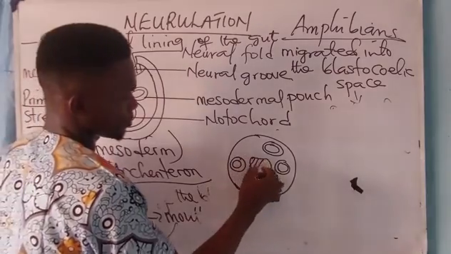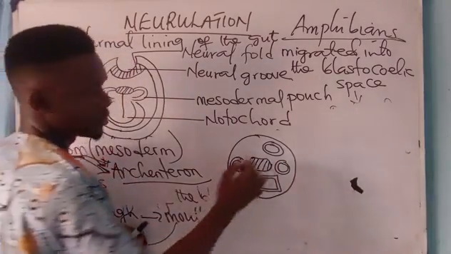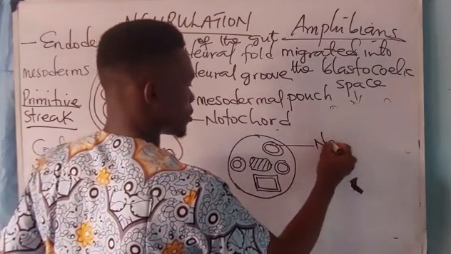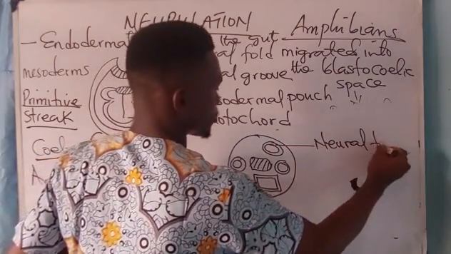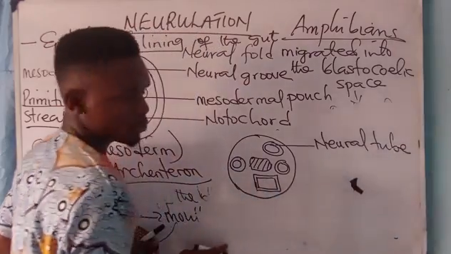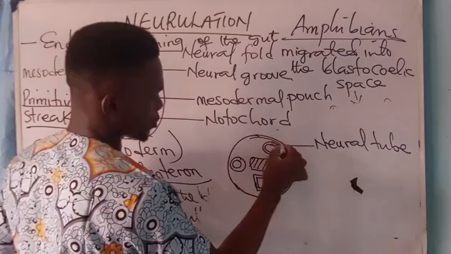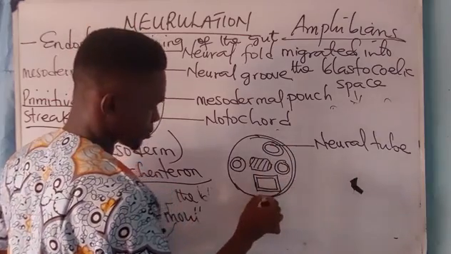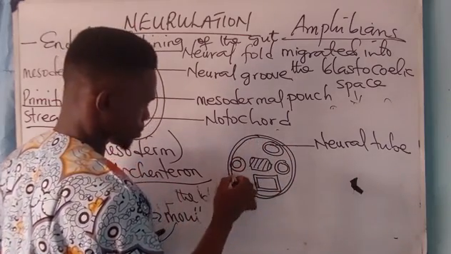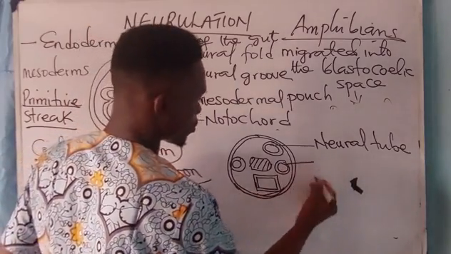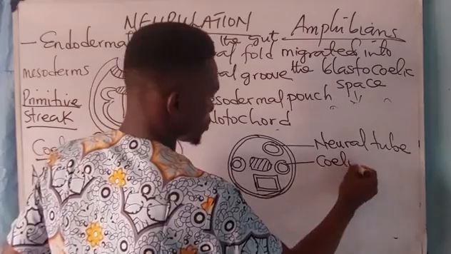All right. So this very part is called the neural tube. The neural tube. Now this part, it's a double structure rather. It's doubled. All right. So this very one is called the coelom or the column.